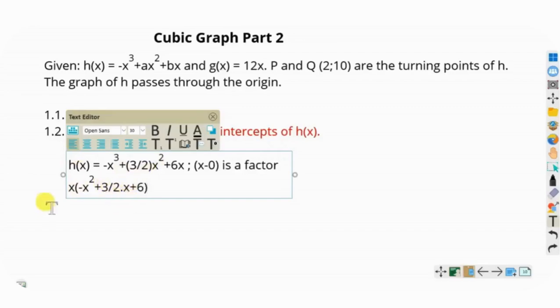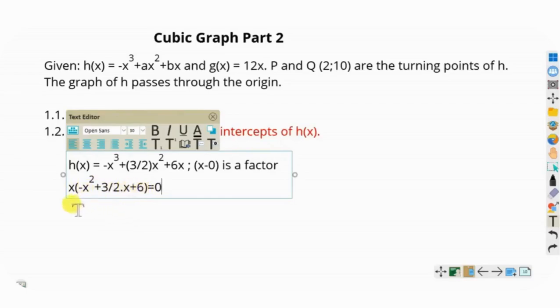Okay, so when I take x out, I remain with this. So I'm factorizing, and now I'm left with the quadratic part to solve.